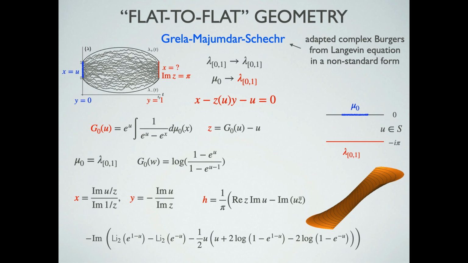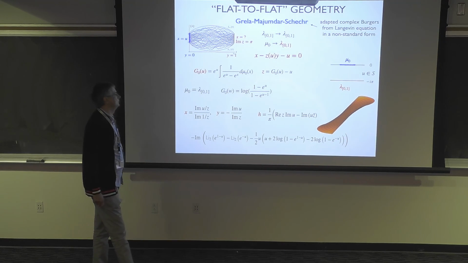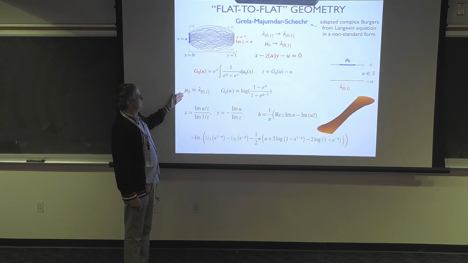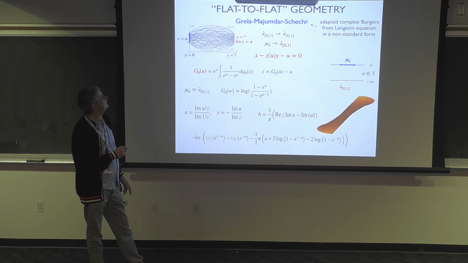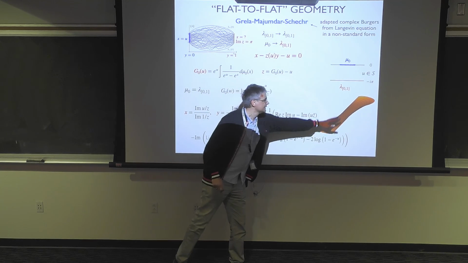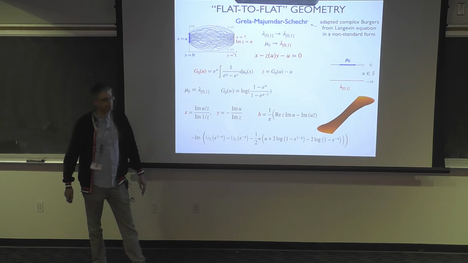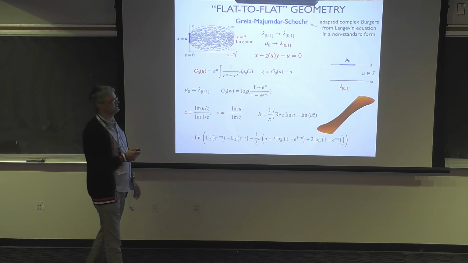And then we solve the Cauchy boundary problem, have this Cauchy transform adapted to this strip, and then z will be given by this g naught u minus u. In particular, when also this initial distribution is a flat thing, so it's given by the Lebesgue measure, then g naught has an explicit form, and then you can integrate out the surface explicitly, and it's given in terms of some dilogarithm functions and so on.